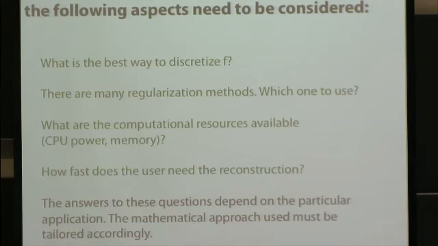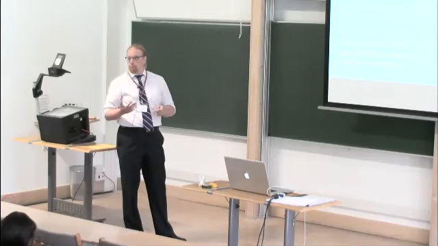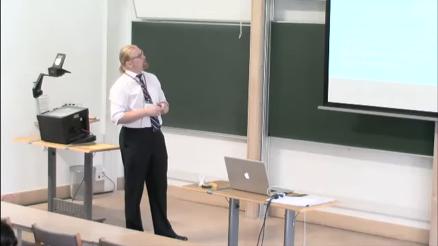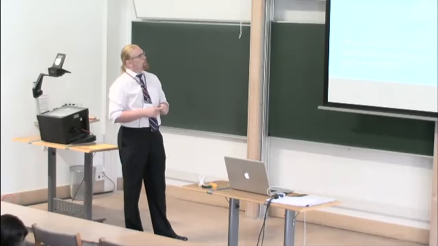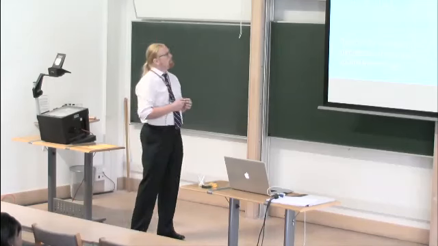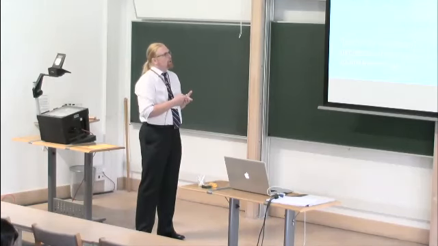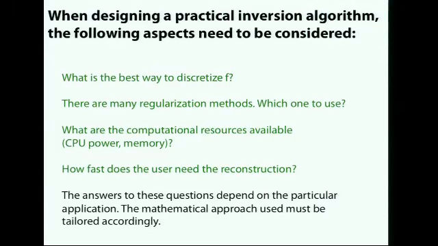So now, if we are faced with some particular application and we want to make a computer program that gives useful reconstructions from data, we have to consider at least these things. How to discretize this unknown f? Typically, the data comes from some physical object that lives in continuum space, and we have to recover some kind of approximation to f. It depends quite a lot on the application what would be the best way to discretize it.